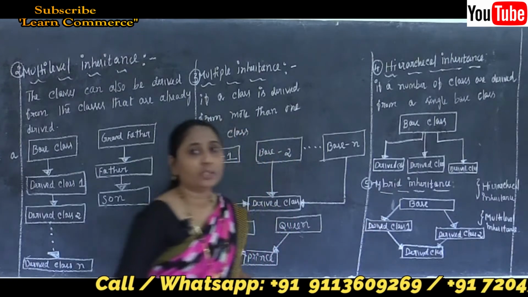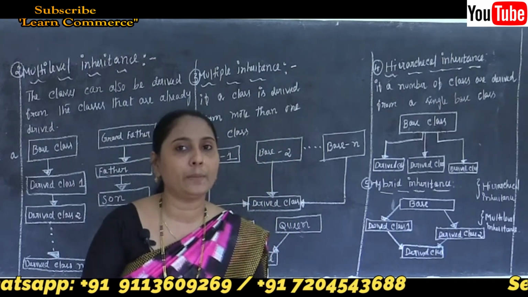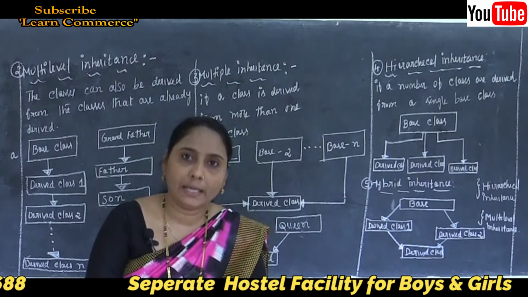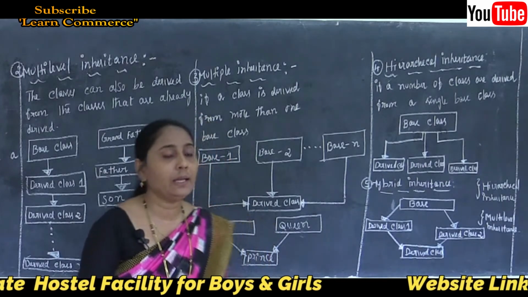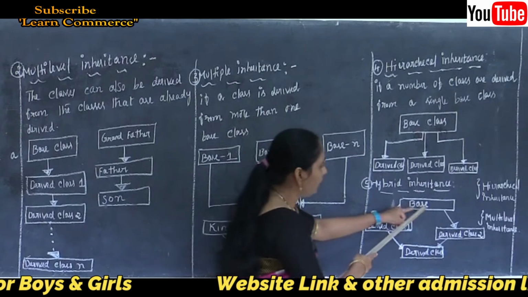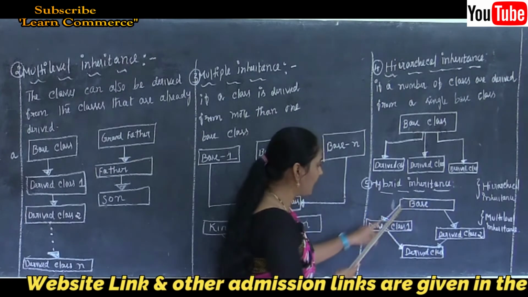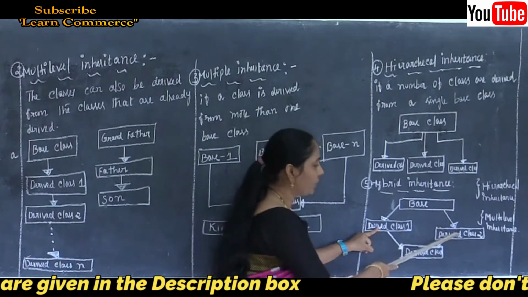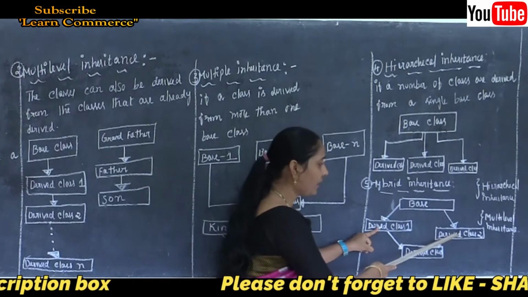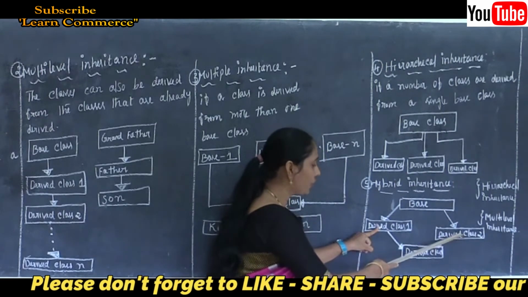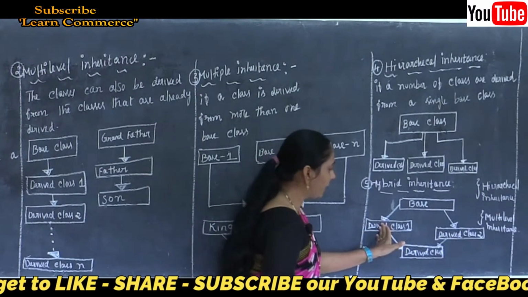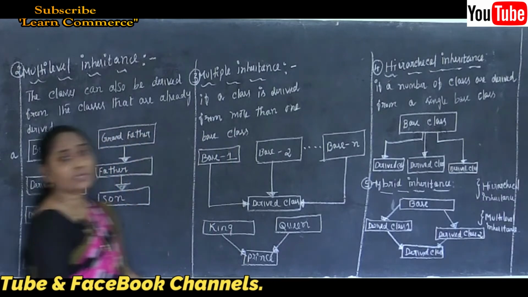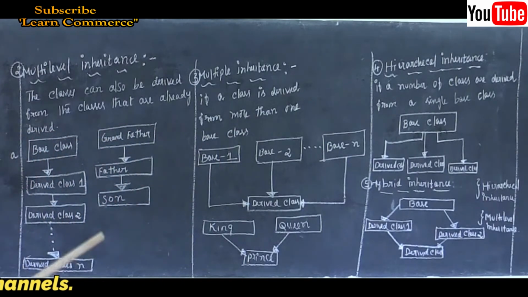Now what about hybrid inheritance? Hybrid inheritance is a combination of multi-level and hierarchical inheritance. By using the base class we construct derived class 1, and also derived class 2, and by using derived class 1 and derived class 2 we construct derived class n. So this is the combination.